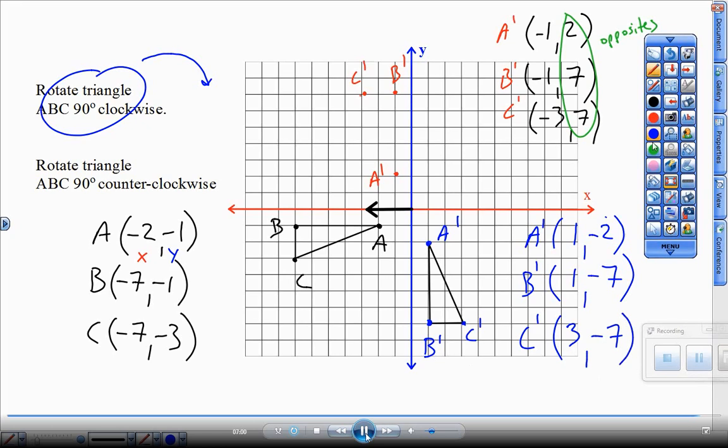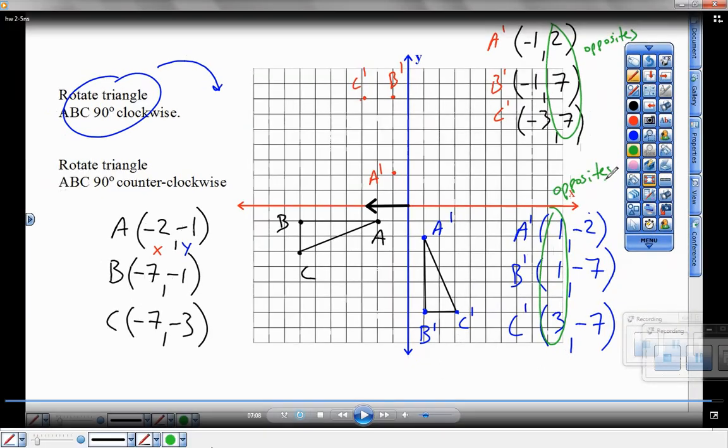And that makes sense too. 1, -2. +1, -7. +3, -7. Again, notice when I turn it to the left, I flip the points around and make the left one opposite. When I turn it to the right, I flip it around and make the right one opposite.